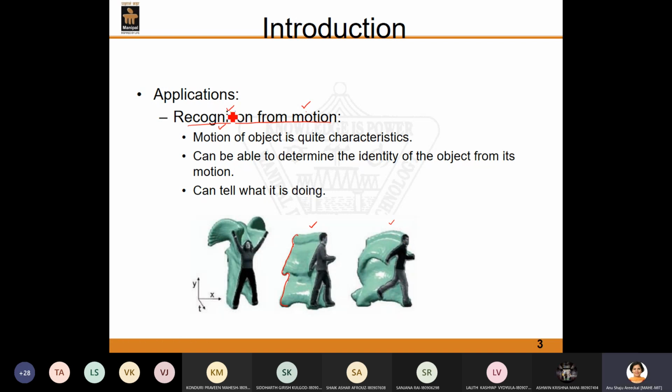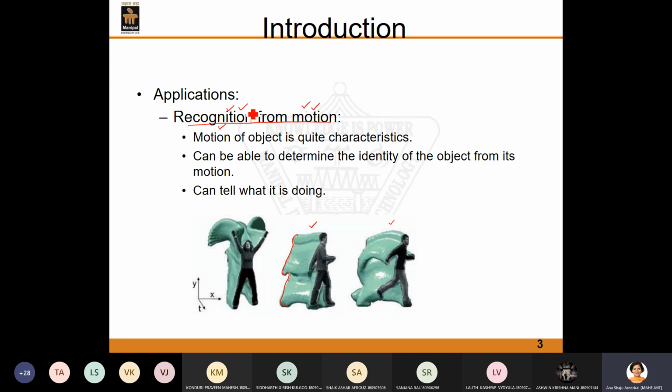So that is basically the application of recognition from motion, where the object tracking will help to find out what is the motion of the object, right? And by looking at that particular trajectory over a period of time, we will be able to train machines to recognize what is the type of activity which is happening over there.